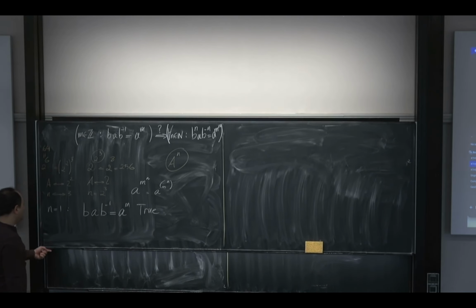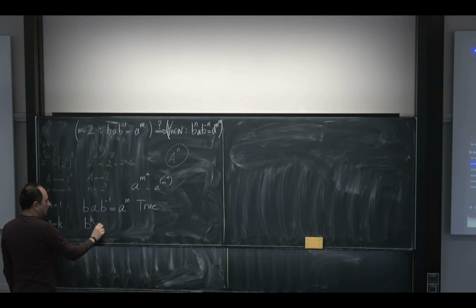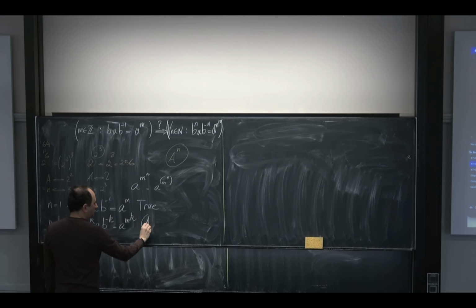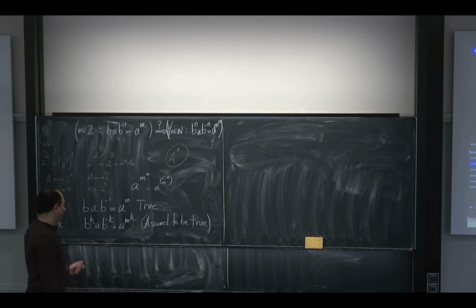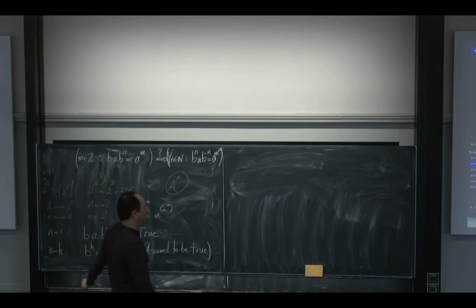But for the next part, let us assume that this is true for n equals k. So in other words, if I replace n with k, this one is assumed to be true. But I want to prove that this statement for the next n, k plus 1, is also true.